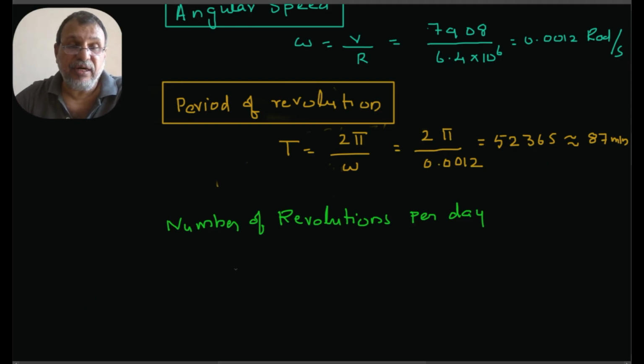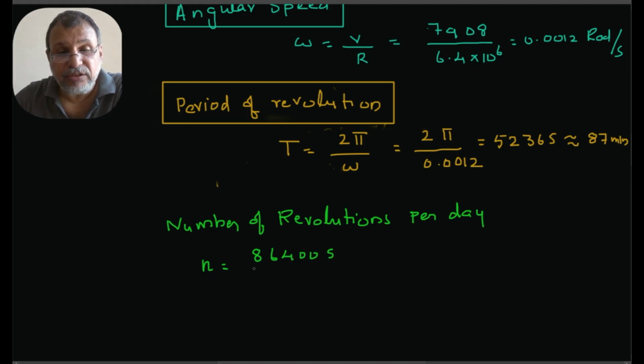So we can write N is equal to the total time for a day, 86400 seconds, divided by 5236 seconds for one revolution.